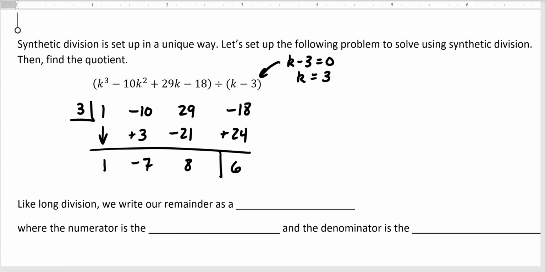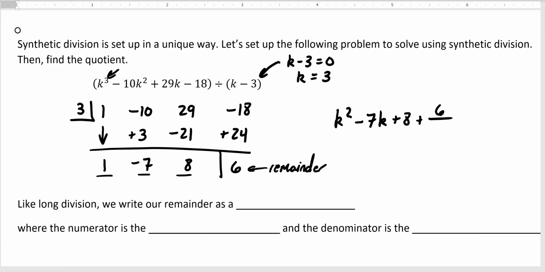Here's our quotient. My original degree was 3, so I'm going to do 1 degree less. Here are my coefficients, and this is my remainder, the part in the box below our last one. So my quotient would be 1k squared minus 7k plus 8 plus, and remember we write the remainder as a fraction, 6 over k minus 3.